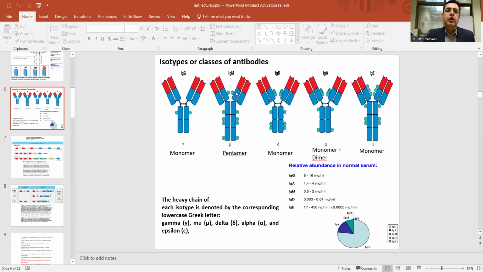How many domains are here? One, two, three, and four. Four constant heavy chain domains are here. In the case of other antibodies, you would see only three constant heavy chain domains, one, two, and three. So IgM and IgE are different in that respect, and they do not have this hinge region.